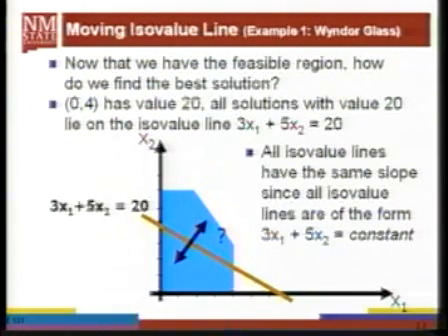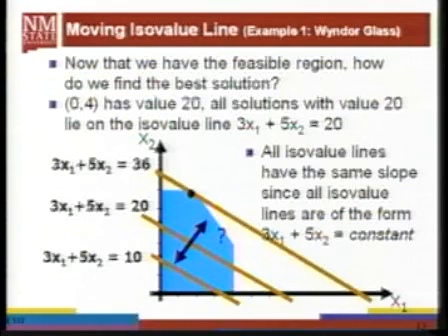So in this problem, the objective function value z will decrease if we move in a direction for which both x1 and x2 decrease, right? So we construct another iso-value line by moving parallel to 3x1 plus 5x2 equals 10 in a southwest direction, right?